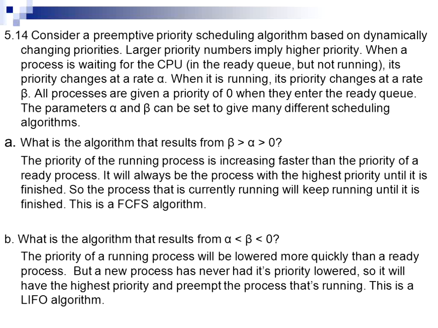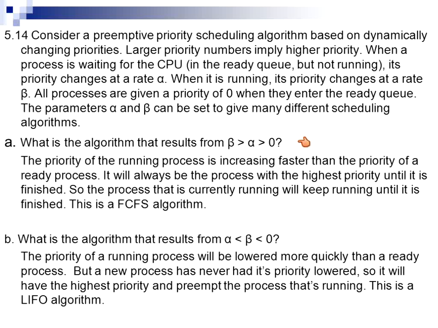Okay, now we had another question that was about preemptive priority scheduling and changing the priorities. And remember in these questions I wanted you to not just give me the answer, but explain the answer. So the first part of the question is, what is the algorithm that results from beta being greater than alpha being greater than 0?